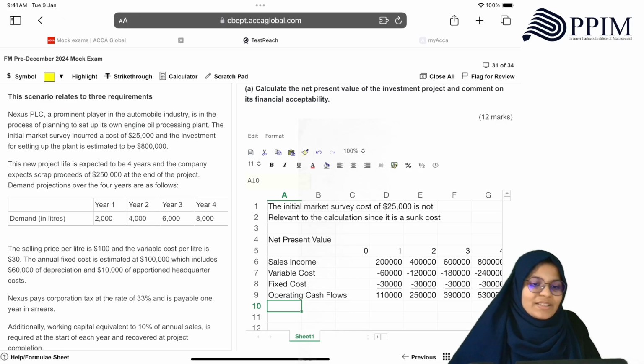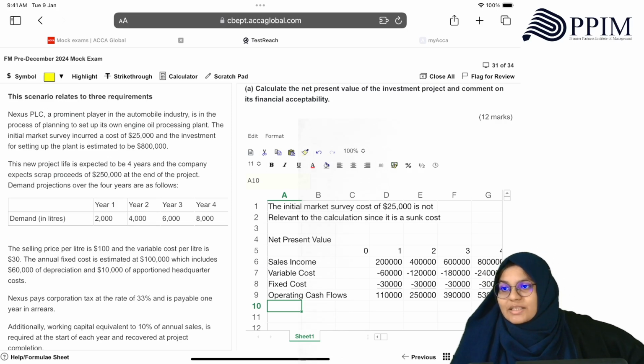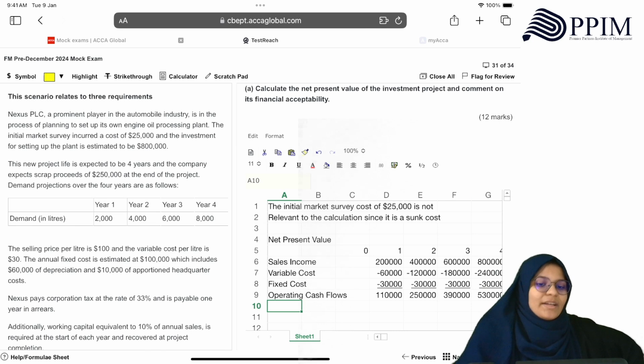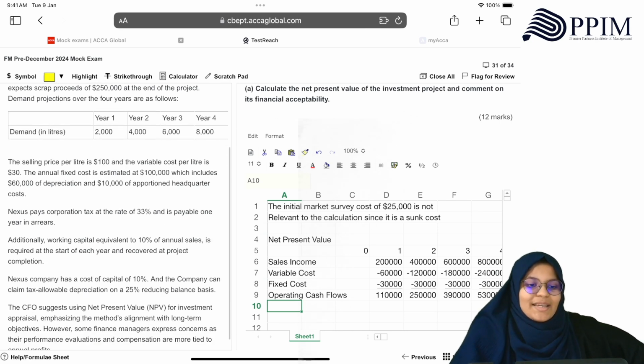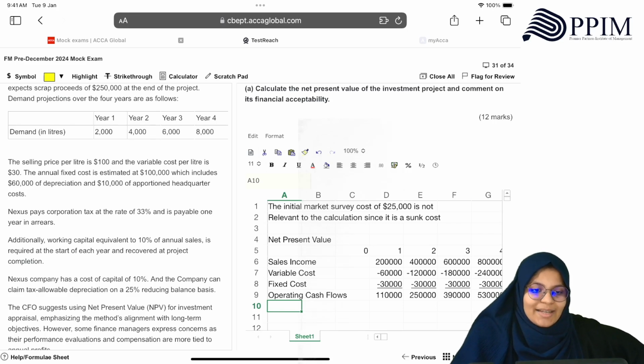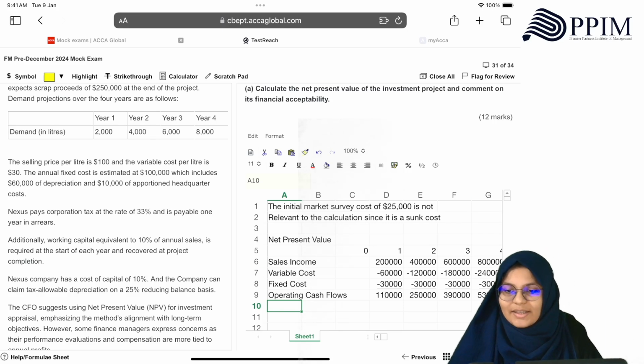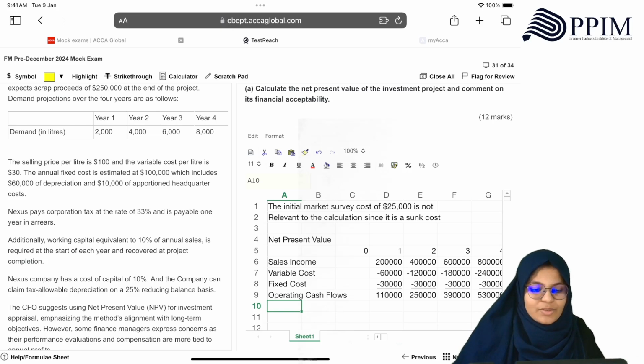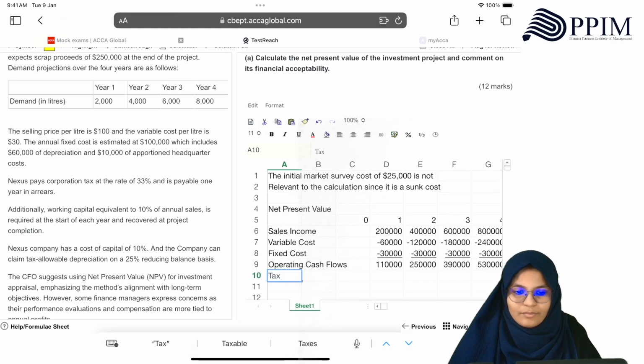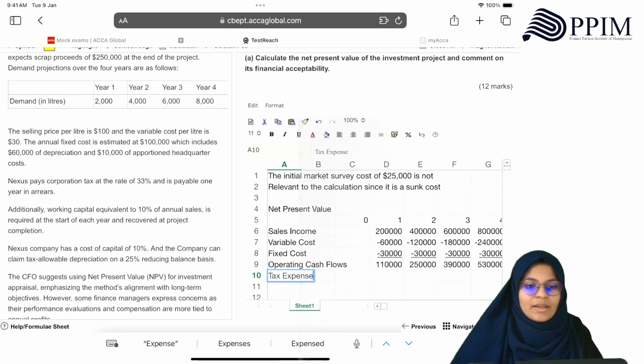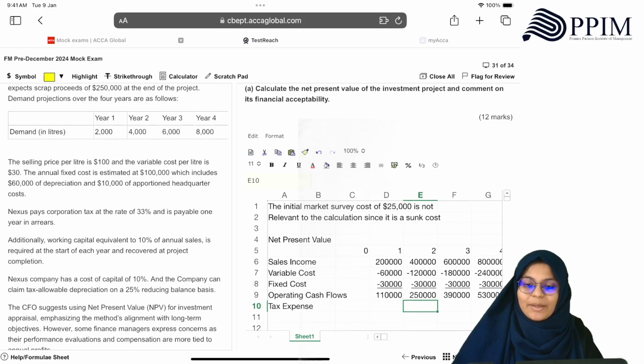Now from this only we will make adjustments for tax. Okay, so let's see what they are talking about the taxation. They are saying Nexus pays corporation tax at a rate of 33% and it's payable 1 year in arrears, right? So I can consider tax over here. So tax expense, it's going to be 33% but paid 1 year later.